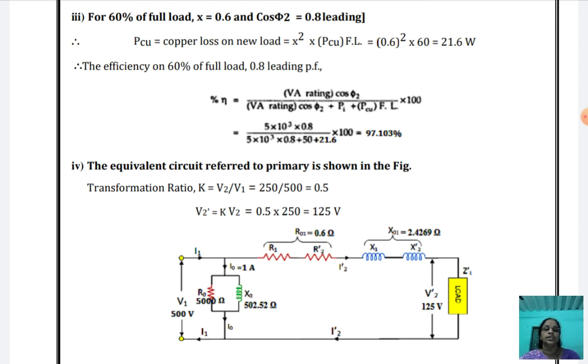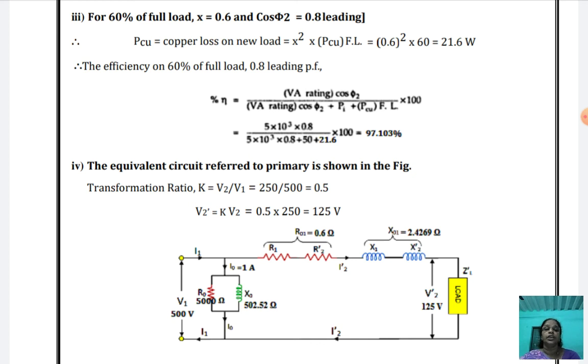Here you see, in this case the secondary side is low voltage and the primary side is high voltage. Therefore the V2 dash formula is equal to K into V2.